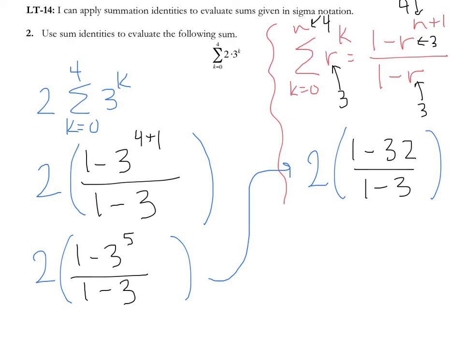We want to do this division, but let's first simplify the top and the bottom separately. We still have 2 on the outside. On the top, we have 1 minus 32, which is negative 31. On the bottom, we have 1 minus 3, which is negative 2.